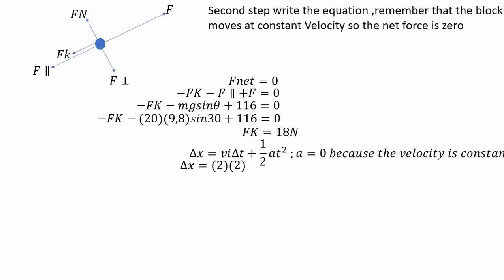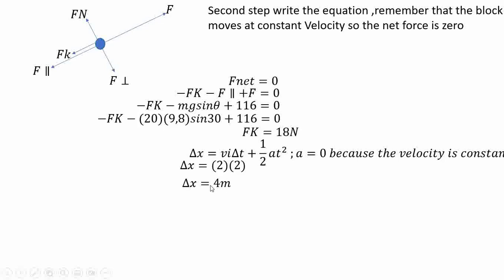So we'll only use this part, which is initial velocity times delta t. In the next step, we'll substitute our values. We know that our initial velocity was given as 2 meters per second, and the time was 2 seconds, and then we'll get delta x, which is equal to 4 meters.